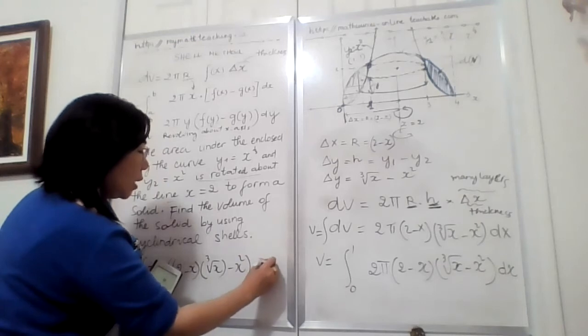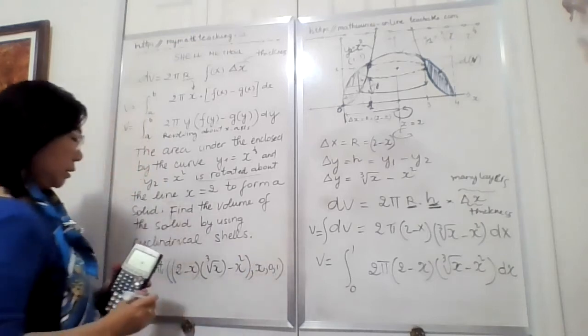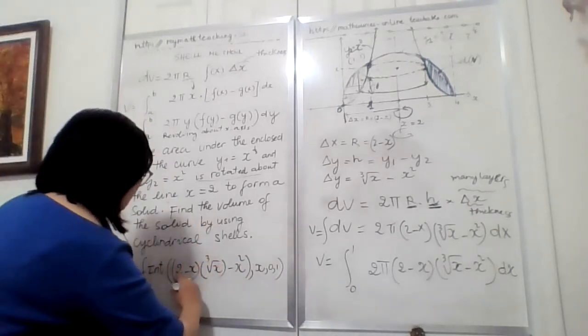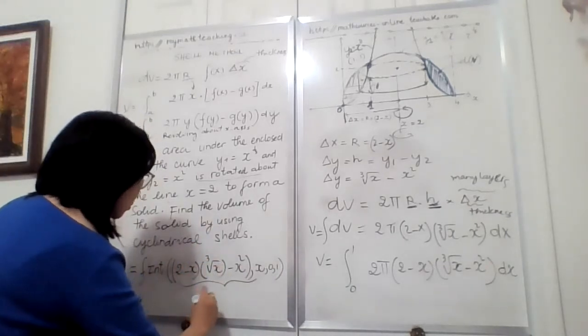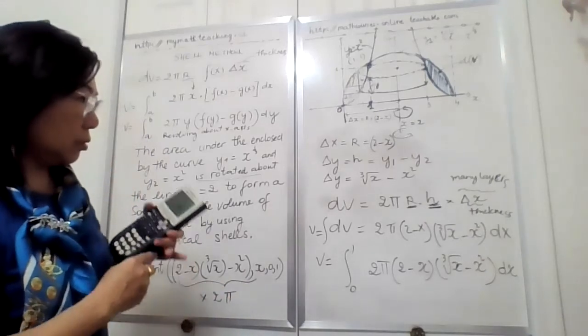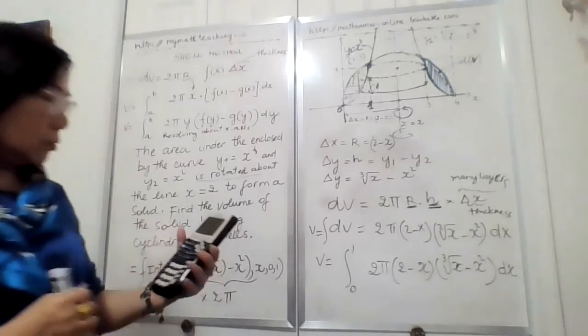And then 0 and 1, and close the bracket. And we get the answer. And don't forget, all of this has to be times 2 pi as well, right? Okay, so let's do this now.